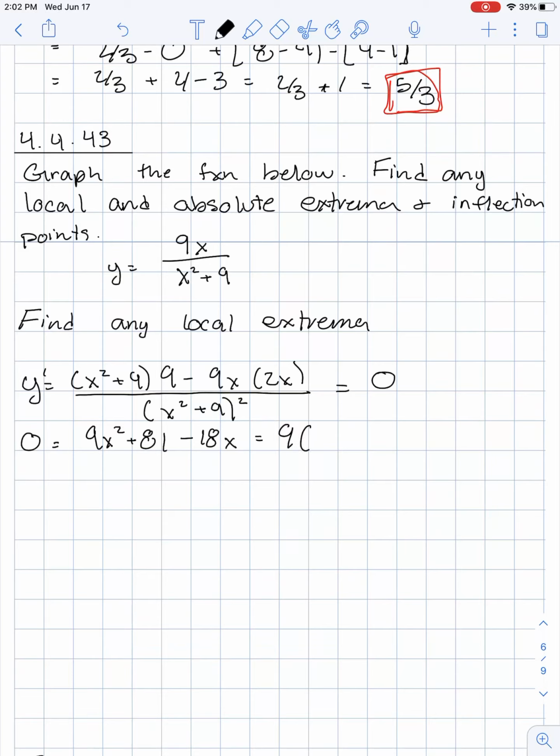And I'm actually going to pull another 9 out. I'm going to pull the 9 out again. So x squared plus, minus 9x plus 9. No, 2. There's supposed to be a 2 right there.